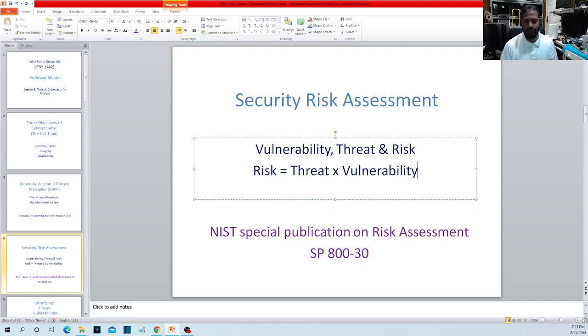But if you have both a threat and a vulnerability, for example, you have a computer that is not secured enough against viruses, or even if it's secured enough, a virus could be an unknown virus, a brand new virus that your antivirus programs cannot repel. So you do have a vulnerability, and the threat is a virus.